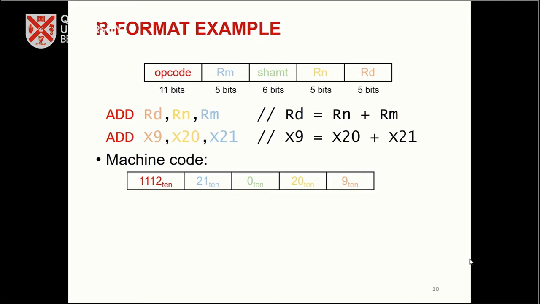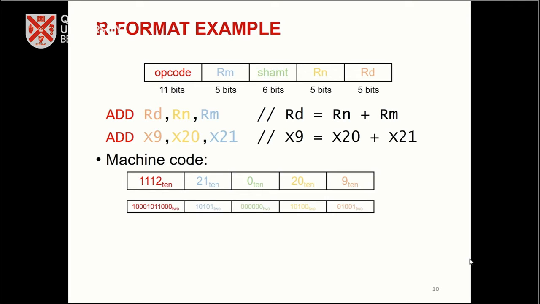But now, what we are going to do is actually convert this to binary. This is what actually is stored in the machine. Using decimal and hexadecimal is just for humans, for making it easy for us. But what the machine uses in the end is binary.